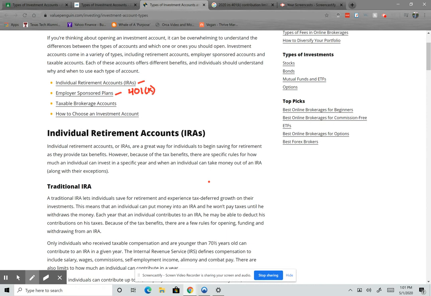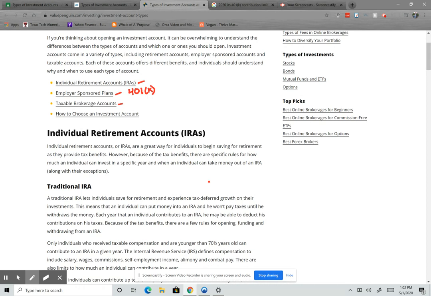Right. So we'll talk a little bit more about the employer-sponsored plans. And lastly, we'll talk about the taxable. These are your basic investment accounts. If government was not involved in creating different accounts, these taxable brokerage accounts would be the ones that are left.